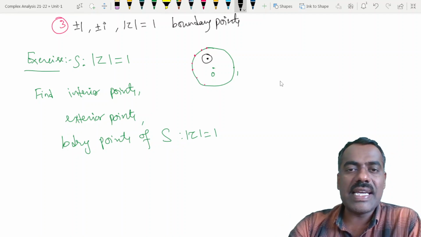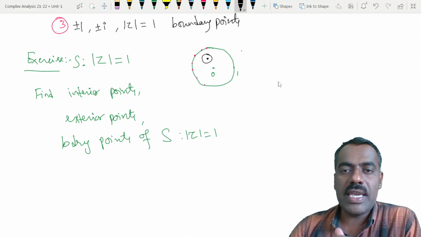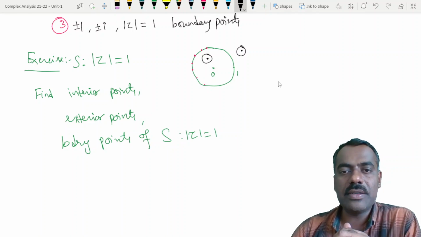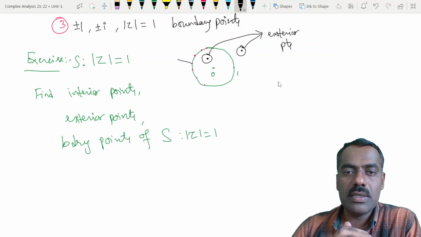So what you can see is that there are no interior points, and whether you take a point here or outside, they are all exterior points. Is that clear? And what about these points?